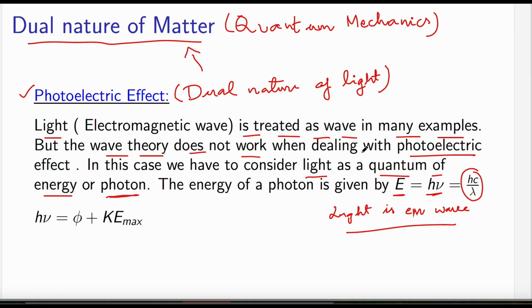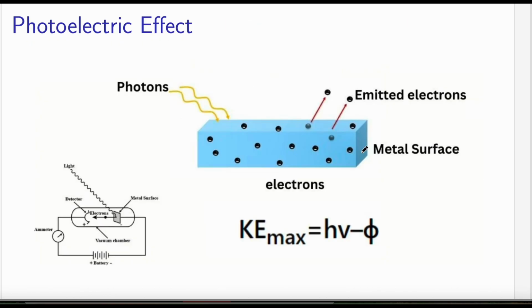So what is photoelectric effect? Why does it tell us that light is not a wave? In photoelectric effect, this is light falling on a metal surface.